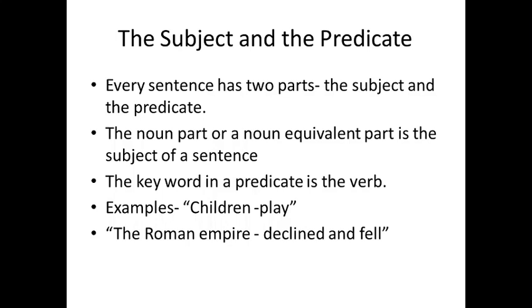So, children play. Another sentence, the Roman Empire declined and fell. The Roman Empire is a noun phrase. It comprises the, which is the definite article, and Roman Empire, that is a noun phrase which comprises two nouns.